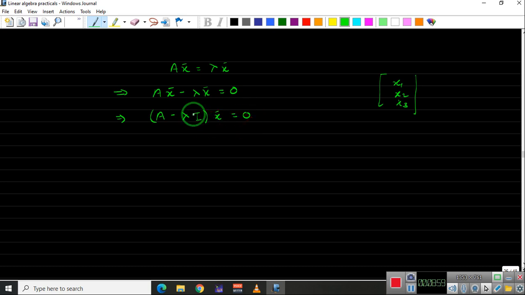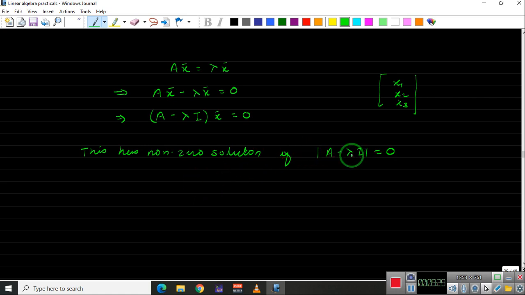So this system has a non-zero solution provided the determinant of the coefficient matrix is 0. That means we are finding the value of the vector x bar, which is non-zero, and a solution exists if the determinant of A minus lambda I equals 0.